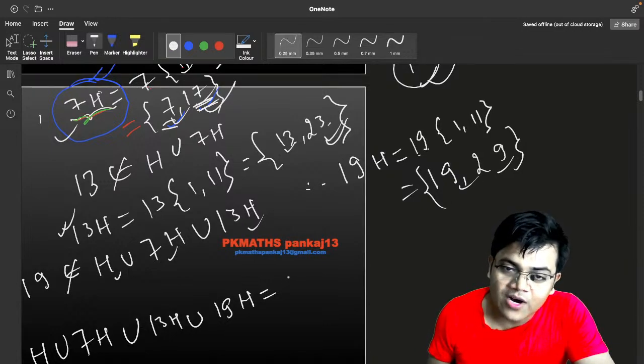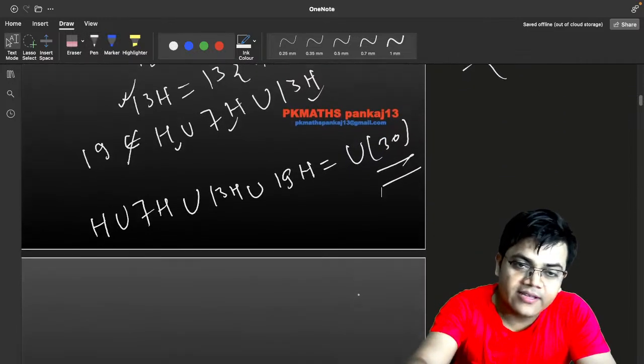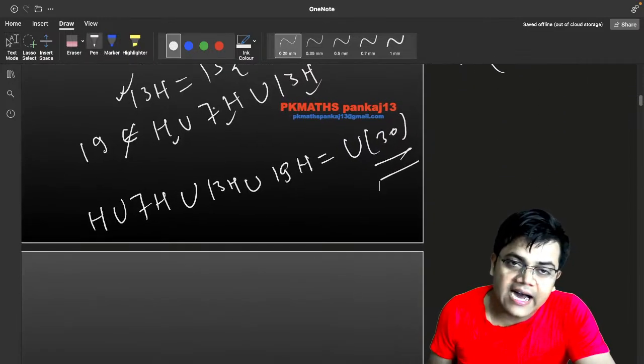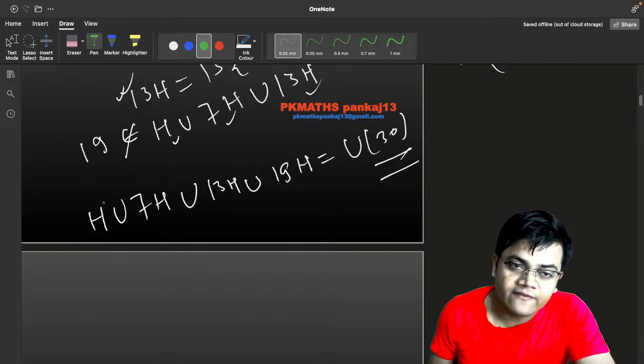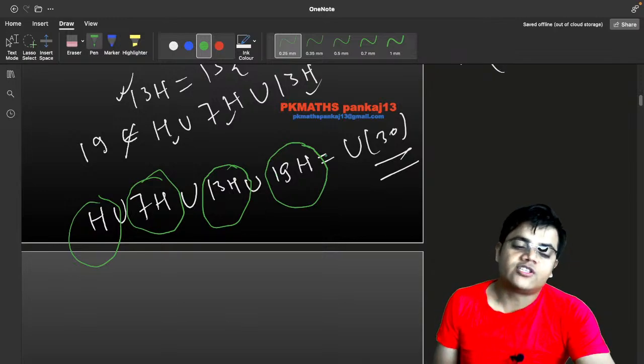So finally you are going to get U30. Hence you can say these are the distinct left quotients. If you try to write any other quotient, then that left quotient will be any one of these 4 only.